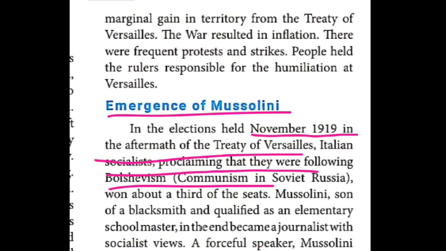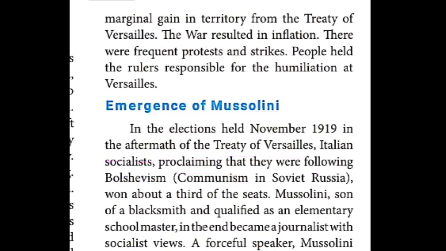In the election of 1919, Mussolini also participated. Here it is given that the Bolsheviks won about a third of the seats, children.